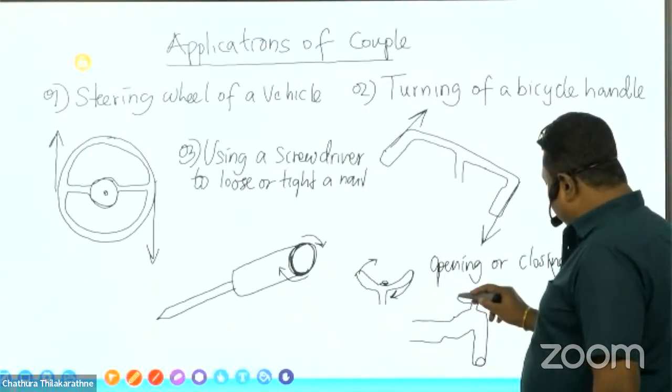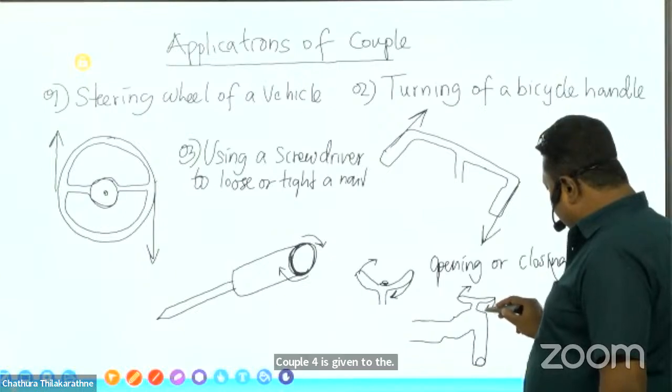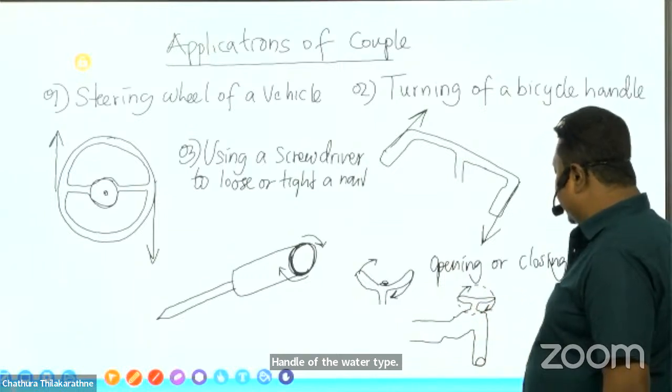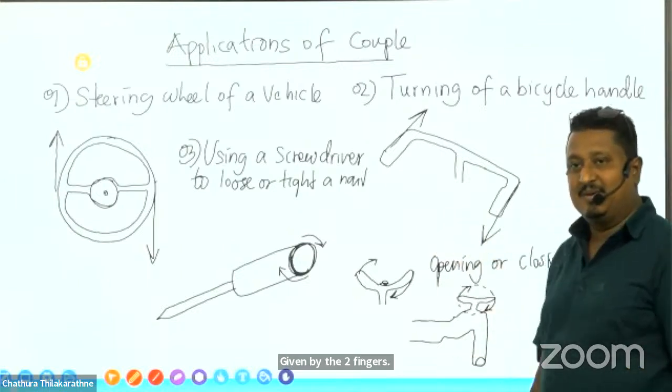Couple force is given to the handle of the water tap. It will rotate then, given by the two fingers, rotate in the water tap.